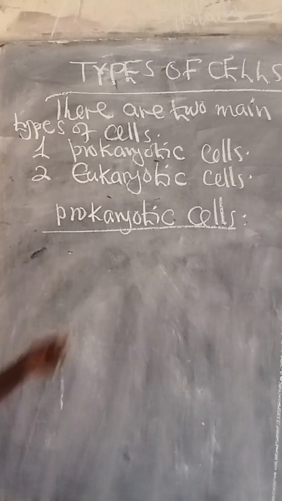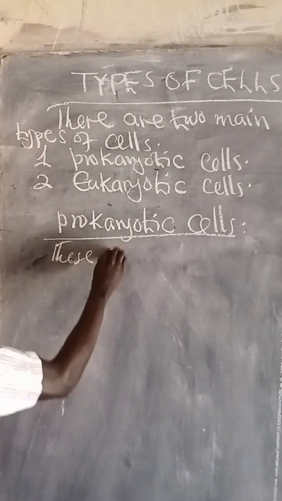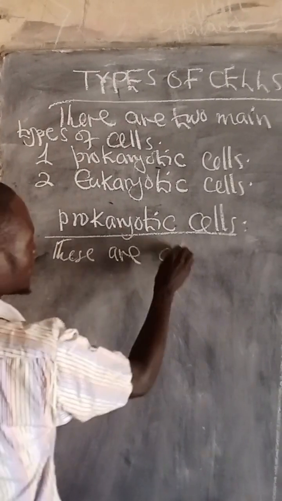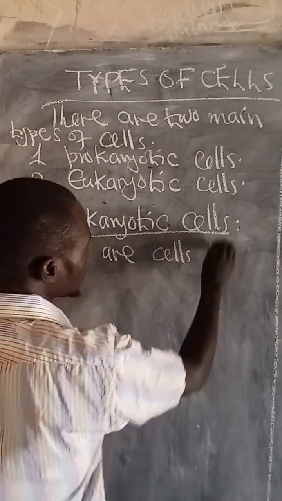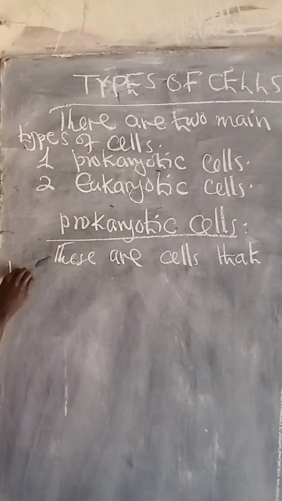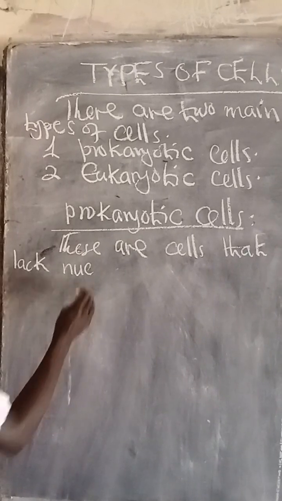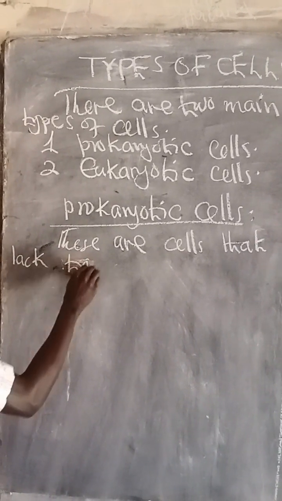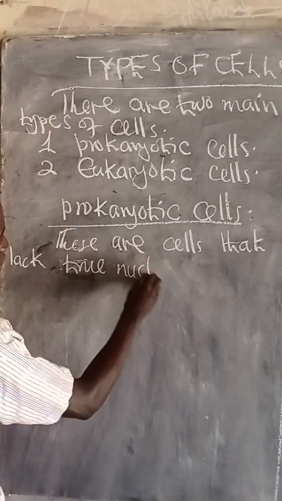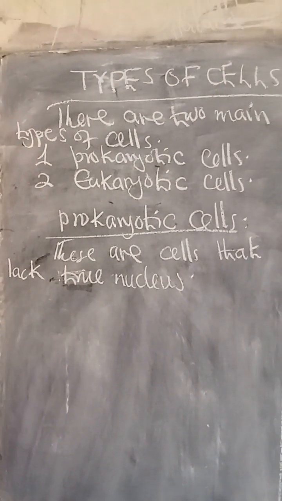Therefore, we can define prokaryotic cells as cells that lack a true nucleus. Why do we say they lack a true nucleus?